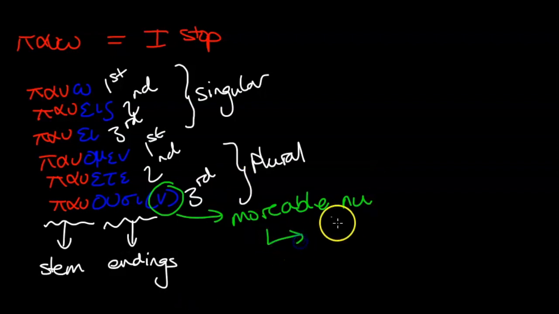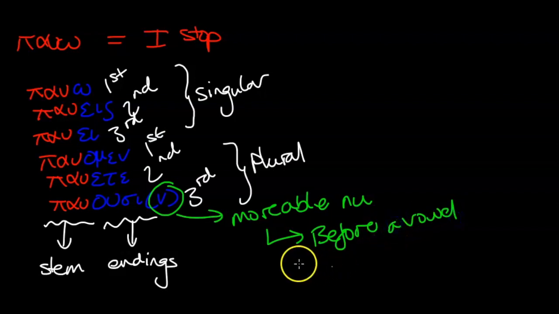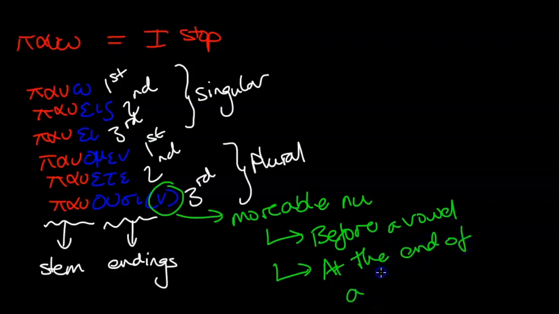So I'll just write that here: before a vowel, or at the end of a line, at the end of the sentence. So that means that παύουσι exists in two forms. It can be just παύουσι, or it can be παύουσιν.